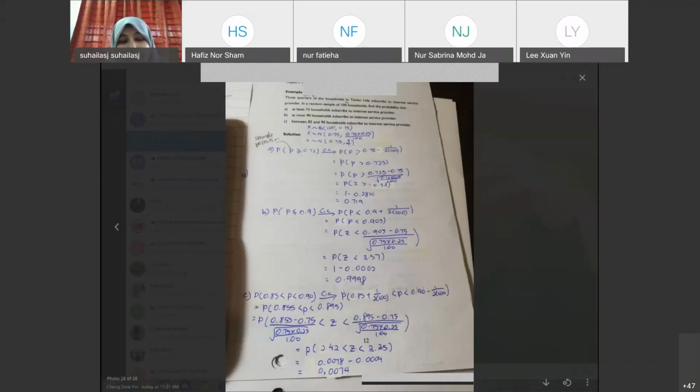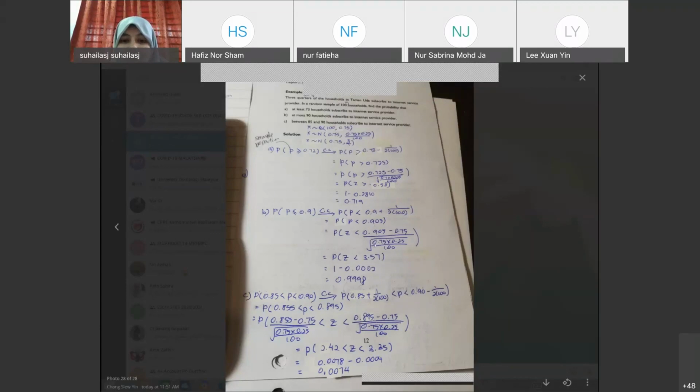At most means less than or equal to 0.9. So what she did here: 0.9 plus 1 over 2n, because again, same concept. Less than or equal to 0.9 is included in the bar, so 0.9 plus 1 over 2n. You correct and get 0.905.